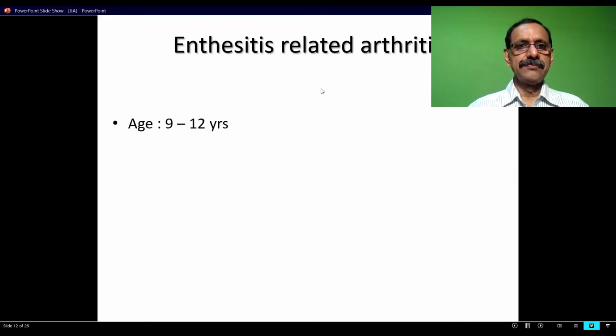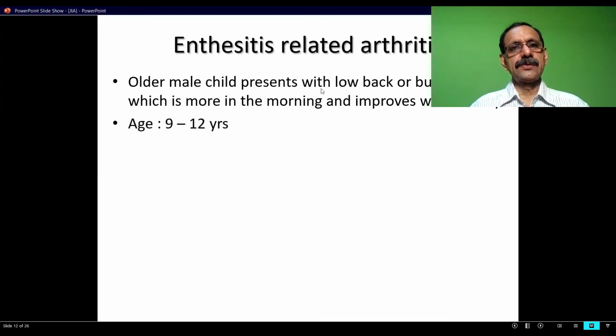Now, oligoarticular or pauciarticular JIA has a variant called enthesitis-related arthritis, which means the insertion of tendons gets swollen up. So you have swelling and pain at the insertion of tendons.